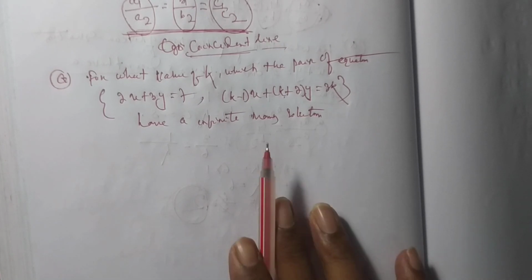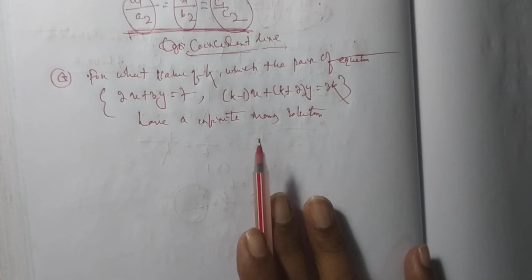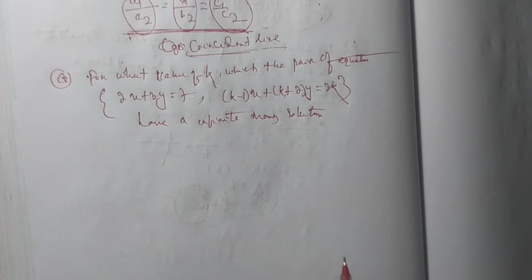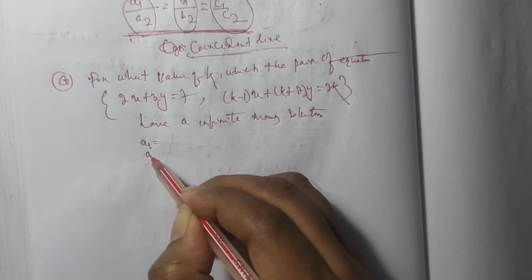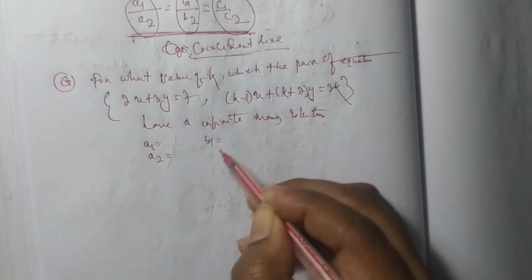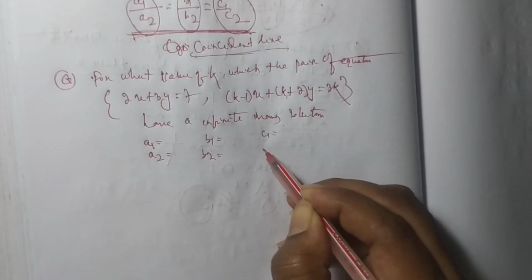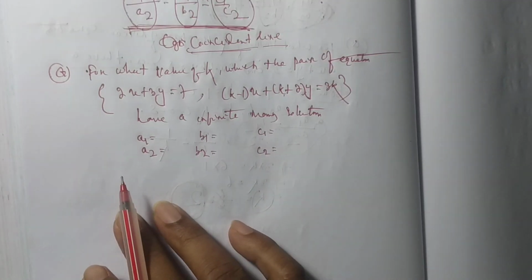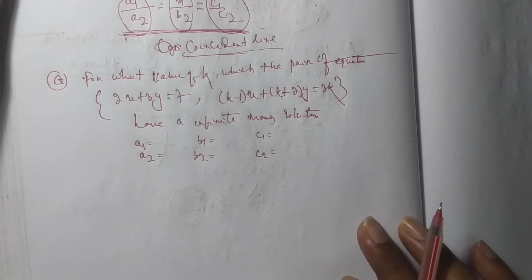When a linear equation question comes in your examination, first write the a1 value, a2 value, b1 value, b2 value, c1 value and c2 value. Then apply the comparison process, or whatever the question asks.